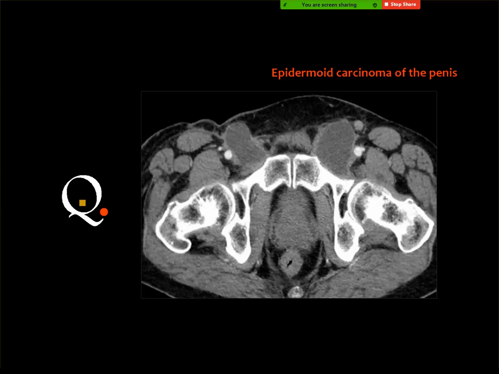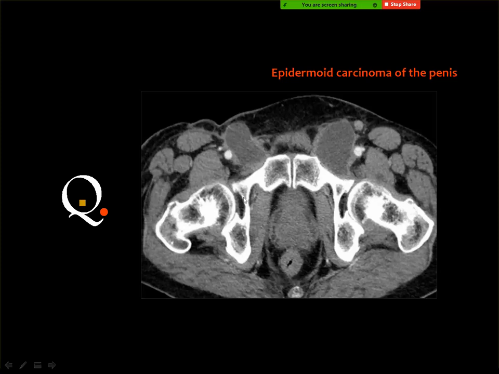Bilateral hernia. Okay, did you see the history? Metastasis. Yeah, and this patient had an epidermoid carcinoma of the penis, and this is not the site of the inguinal canal. The inguinal canal is a little bit medial, and these represent metastatic lymph nodes.